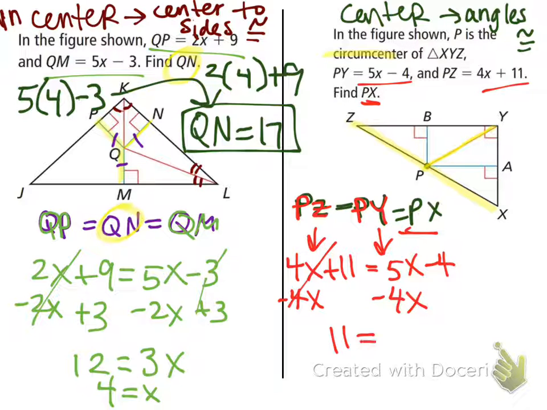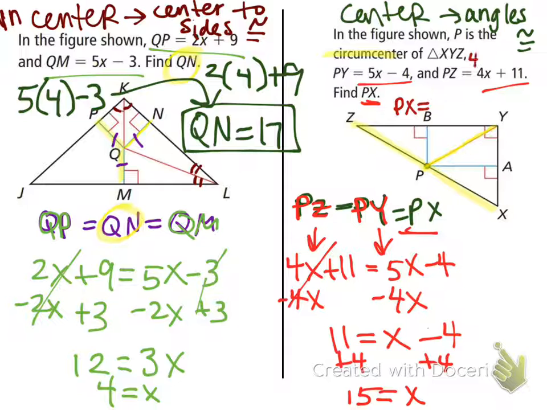So 11 equals 5x minus 4x, which is x. Add 4 and x equals 15. So is 15 my answer? Do I double it? No. Plug it back in.